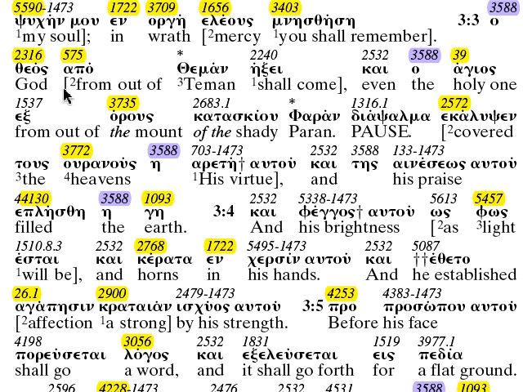God, the subject, shall come from, apo, is a prefix for many English words, shall come from Theman, or Teman. Teman was in what is now Jordan today, over in Edom, among the Edomites.